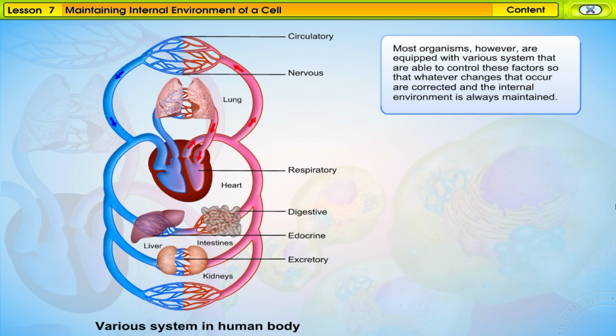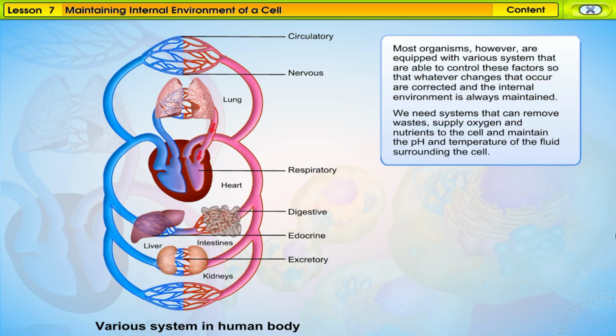Most organisms, however, are equipped with various systems that are able to control these factors so that whatever changes that occur are corrected and the internal environment is always maintained. We need systems that can remove wastes, supply oxygen and nutrients to the cell, and maintain the pH and temperature of the fluid surrounding the cell.